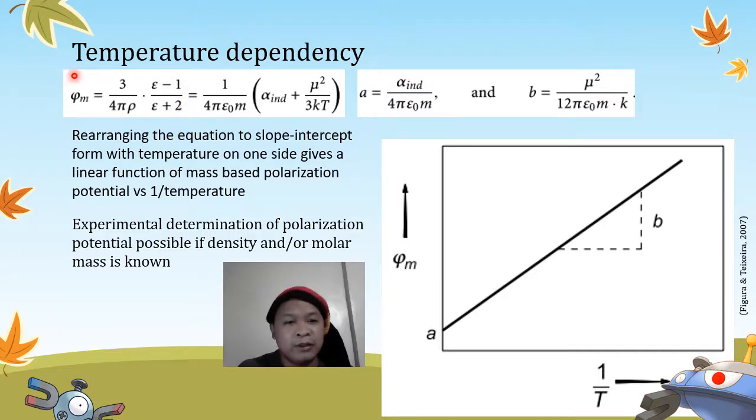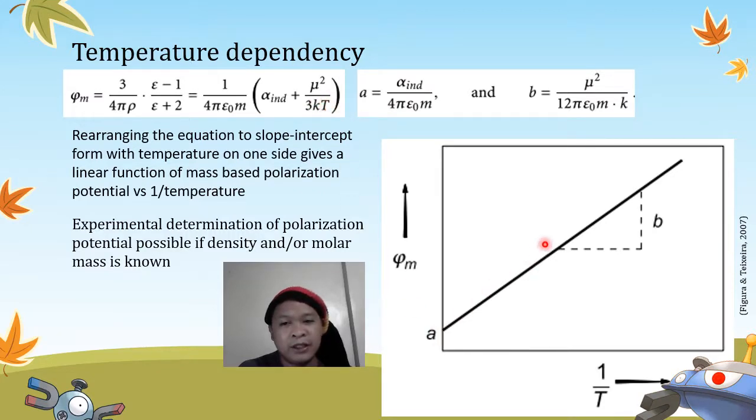Taking the equation from the previous slide and doing the multiplication and substitutions, we get this equation, wherein if we multiply both sides and look at which are the constants and which are the things that could change, we now have a slope-intercept form of the equation when equated to 1 over T.